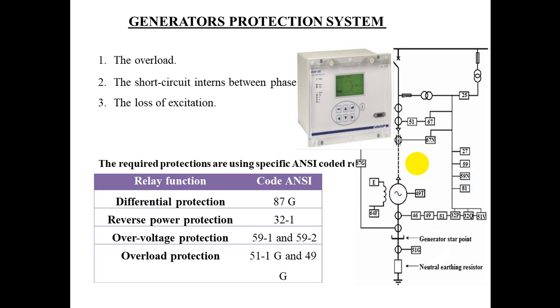especially in the alternator. If any imbalance occurs due to a fault in the stator winding itself, that would be cleared instantaneously by the differential protection provided in the generator.